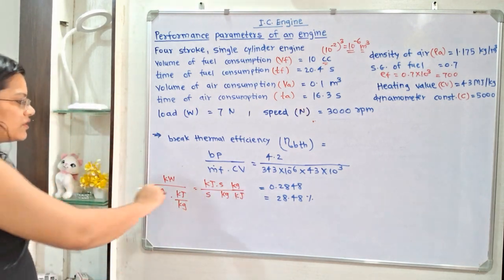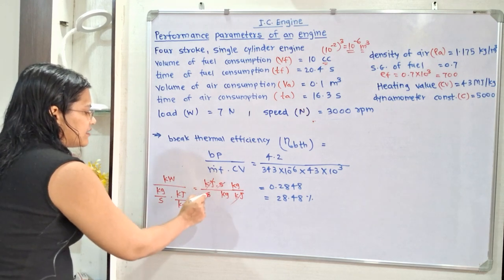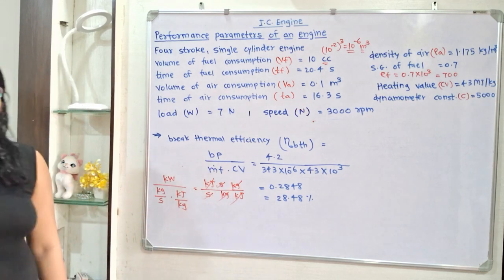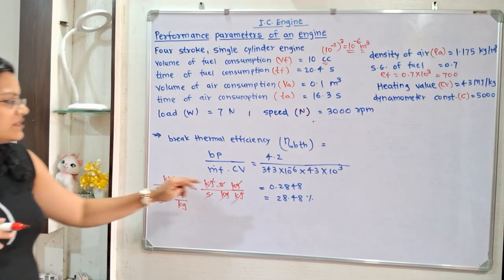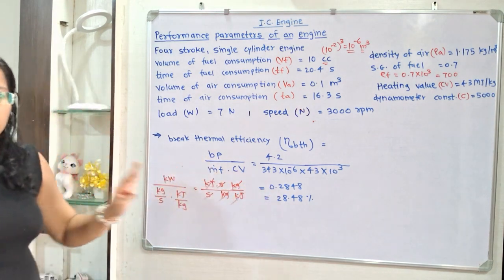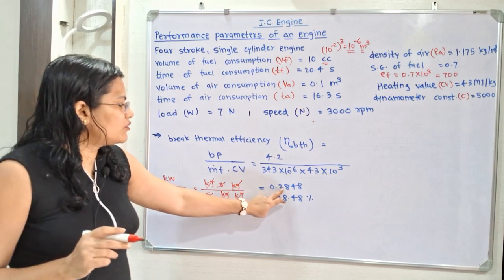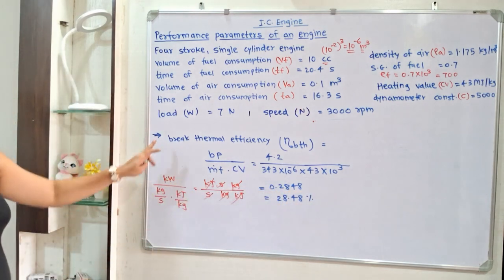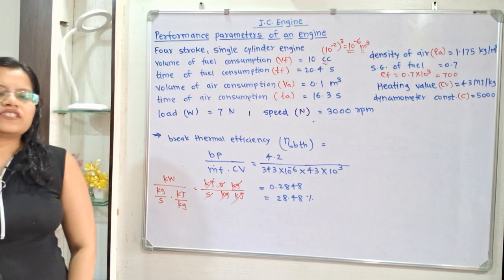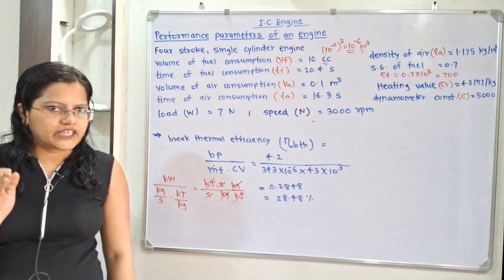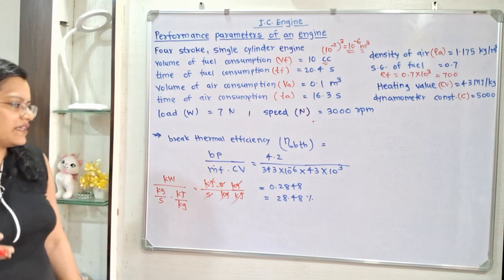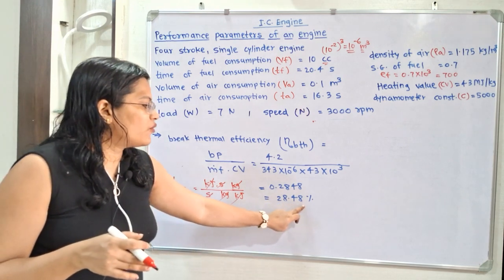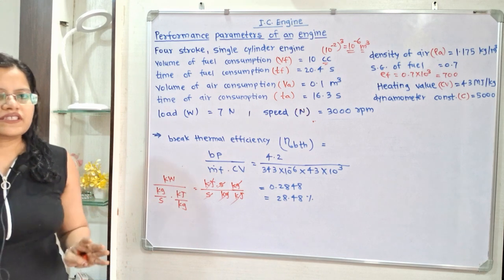Now if we observe, kilojoule gets cancelled, second and kilogram get cancelled. So there is no unit, and the answer is 0.2848. But this is the efficiency, so we have to multiply by 100 to convert it into percentage. So it is 28.48%, and this is the answer.